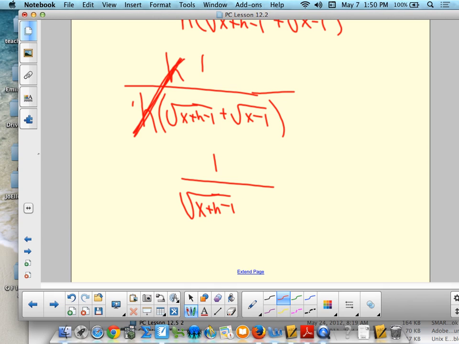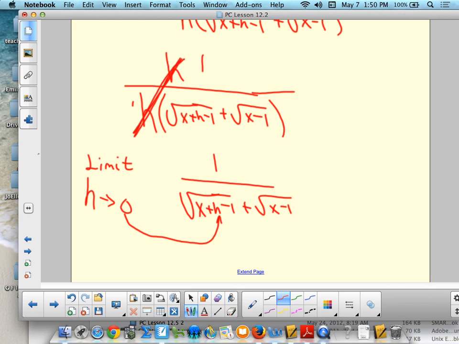But remember, you're not done because you have to find the limit as h approaches 0. So what do you have to do? Plug in 0 for h. Just direct substitution. See if you get an answer this time.